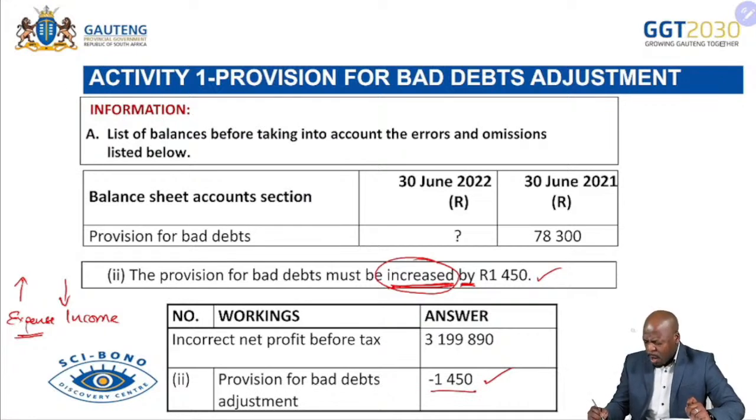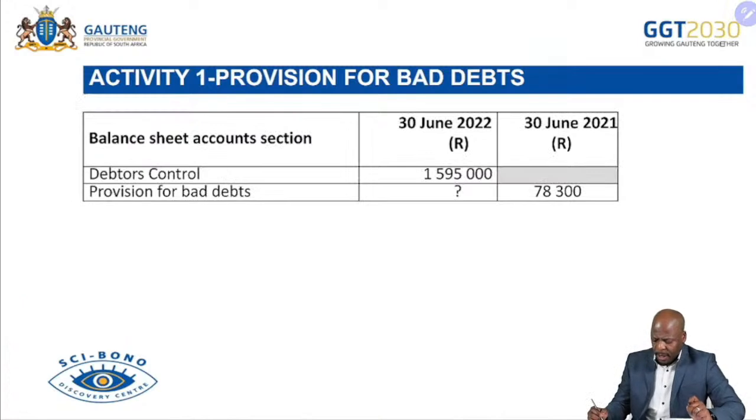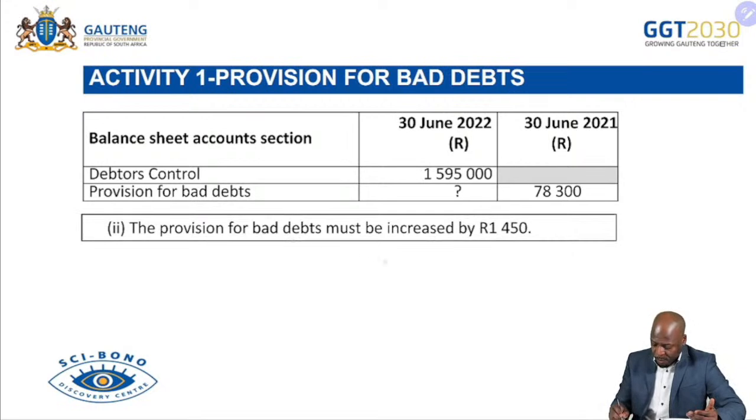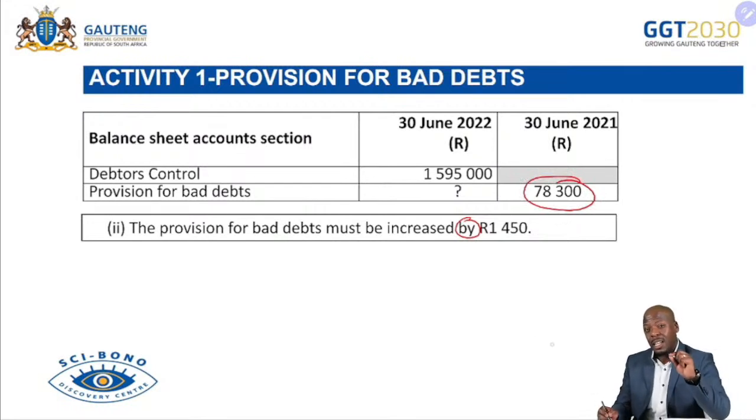But then we also need to understand that this must be adjusted as well in the statement of financial position. So in my statement of financial position, the adjustment is still the same: my provision for bad debts must be increased by 1,450. That means in the previous year, I had a provision for bad debts amount of 78,300.